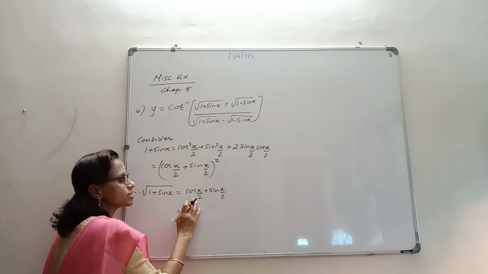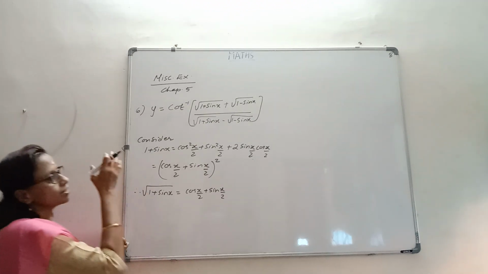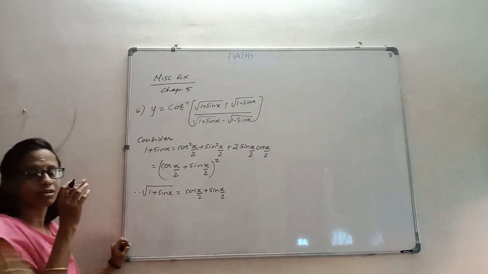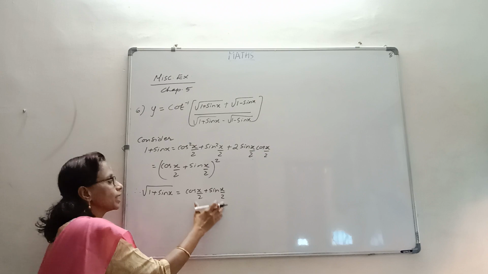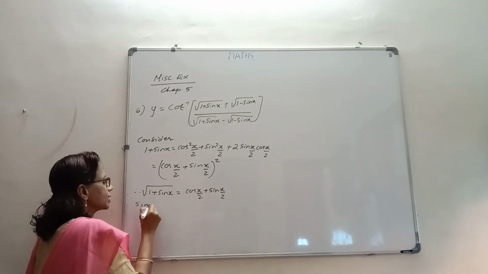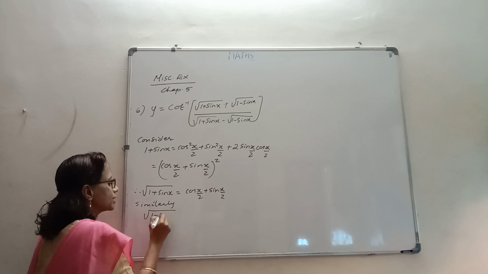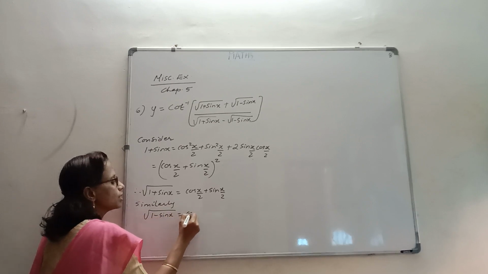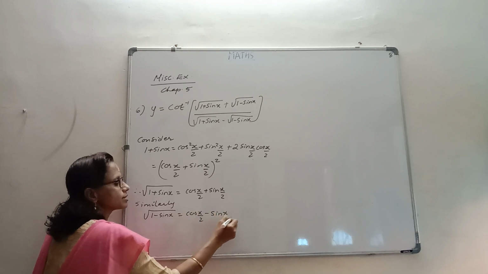So that's a beautiful way of simplifying the root of 1 plus sin x as cos x by 2 plus sin x by 2. Similarly, the root of 1 minus sin x will also work as cos x by 2 minus sin x by 2, just on the same lines.